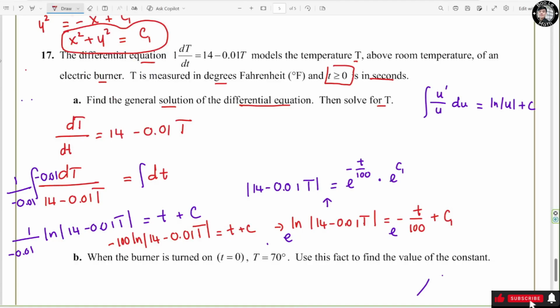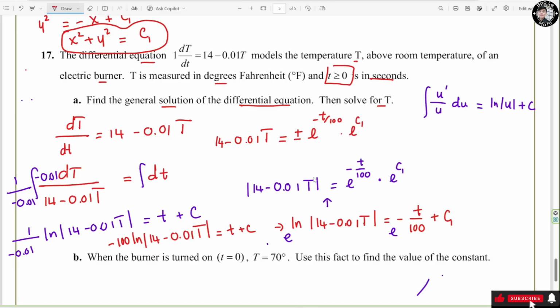Now I'm going to remove the absolute value sign, so I have 14 minus 0.01 capital T equals plus and minus e to the negative t over 100 times e to the c1.